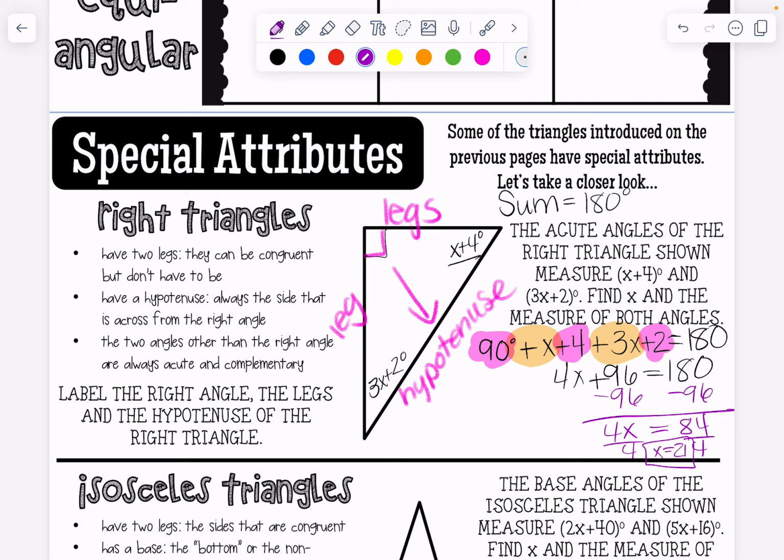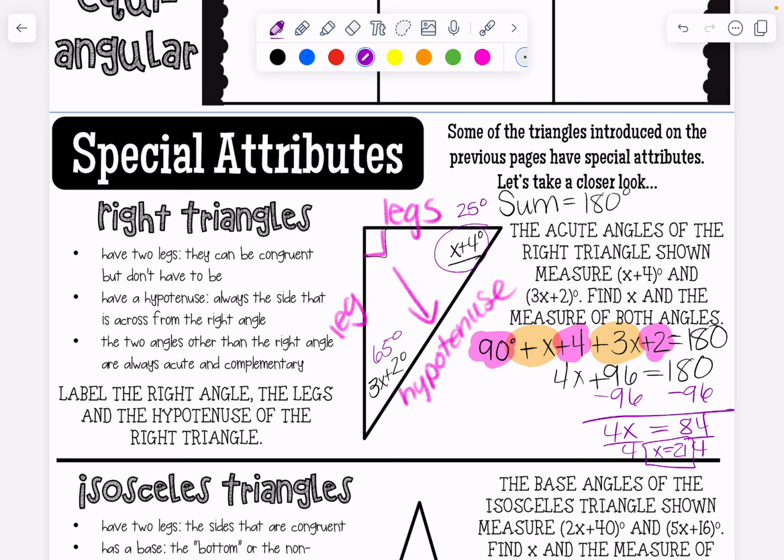All right, so that's what I know, but now I can plug that back in to solve for these acute angles. My x plus 4 angle, if I plug in 21 for x, 21 plus 4 is going to give me 25 degrees. And then if I look at my 3x plus 2, I'm going to do 3 times 21, which is 63, plus 2 would be 65 degrees.